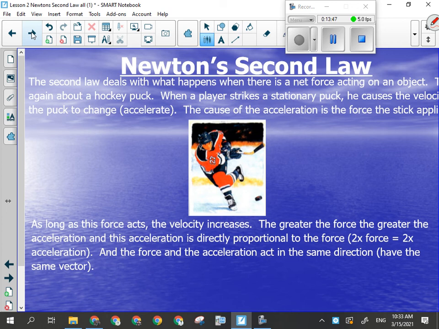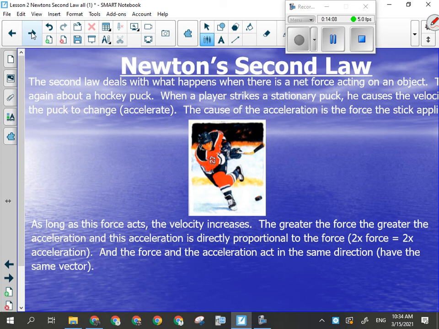Keep moving at constant velocity, right? If the ice is frictionless and the stick is no longer pushing on the puck, now there are no unbalanced forces acting on the puck, and the puck would travel at a constant velocity until an unbalanced force like the boards or the back of the net or whatever are applied to it. Okay? But until then, it would travel at a constant velocity.